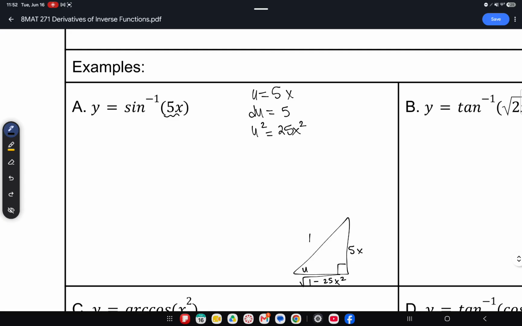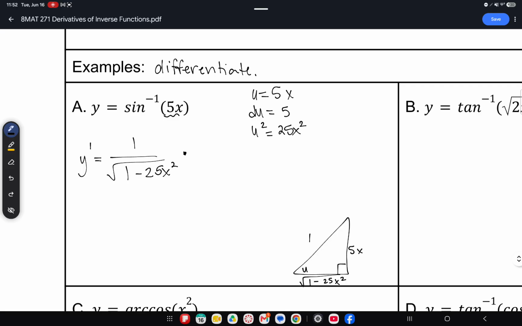So then inverse sine, instead of being opposite over hypotenuse, is going to be hypotenuse over opposite. So y prime, I'm going to differentiate. So 1 over the square root of 1 minus 25x squared.